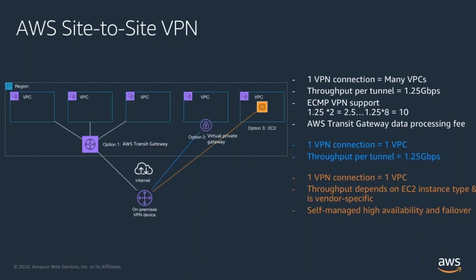This is used when you have a compliance requirement, probably like NIST, where you need to have control over all the devices that are sending traffic. One thing to note here is this is a self-managed EC2 instance. Hence, you are responsible for high availability and failover. As a best practice, we always recommend to have at least 2 instances running, just in case one fails, then you have another as your secondary.